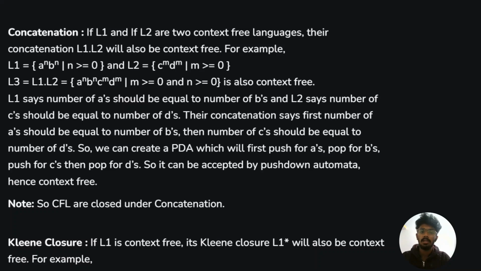Their concatenation says first the number of A's should be equal to the number of B's, then the number of C's should be equal to the number of D's. So we can create a PDA which will push for A's, pop for B's, push for C's, then pop for D's. So it can be accepted by pushdown automata and is context-free.